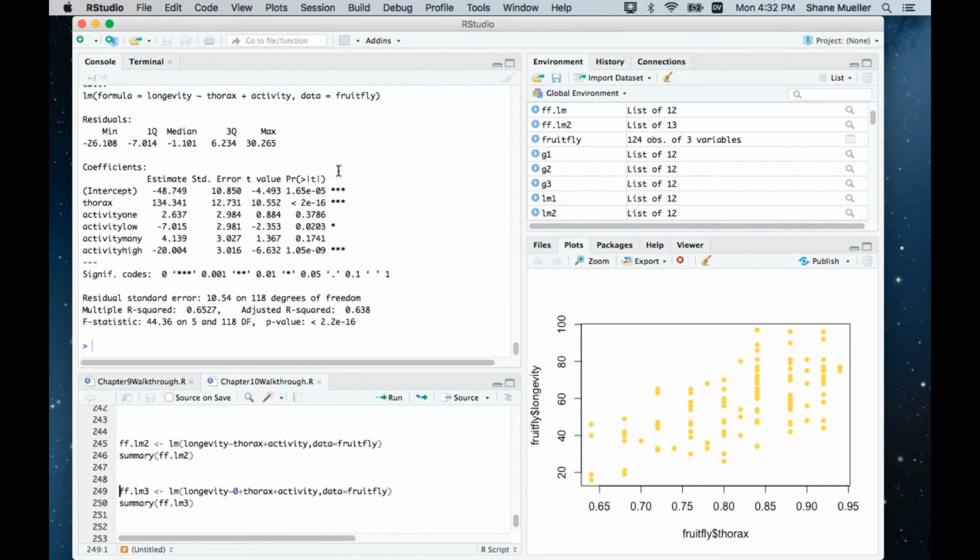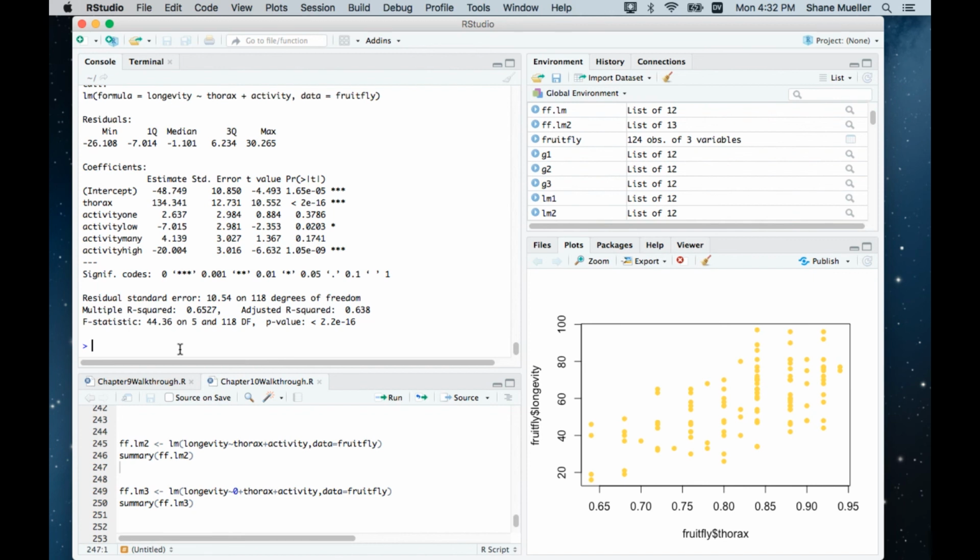And if I do a summary, it gives me first an intercept, that same intercept. It gives me the slope with respect to thorax, so the same thing here. But now it gives me a single value with respect to 1, 2, 3, 4 levels of activity.